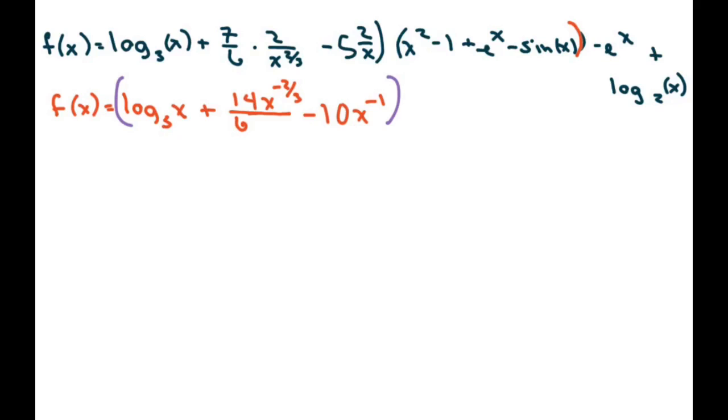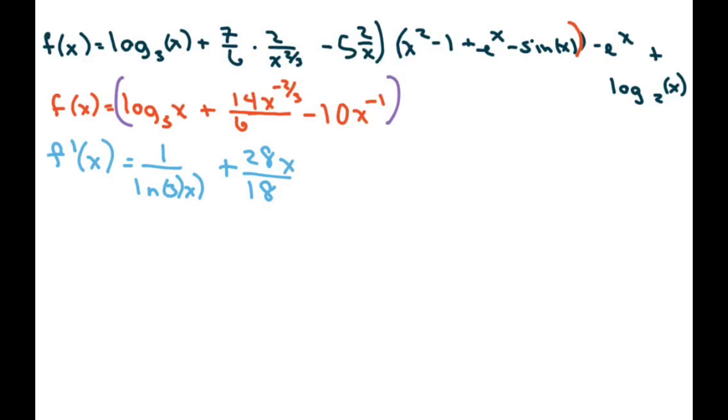So let's go ahead and take the derivative. We take the derivative of the first piece, we're going to get 1 over ln of 3 to the x. The derivative of the second piece is just going to be plus 28x over 18.